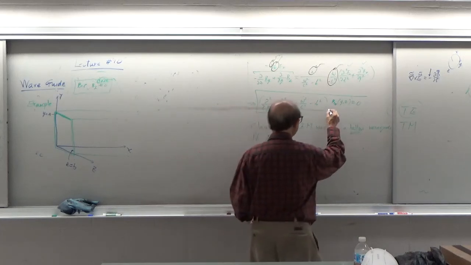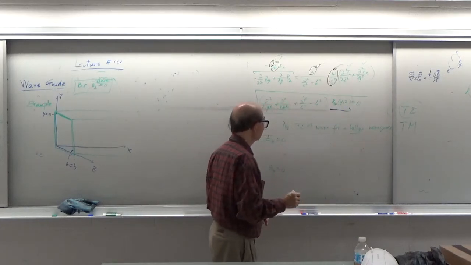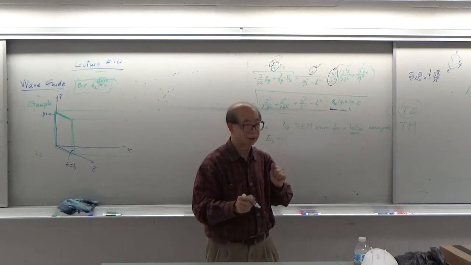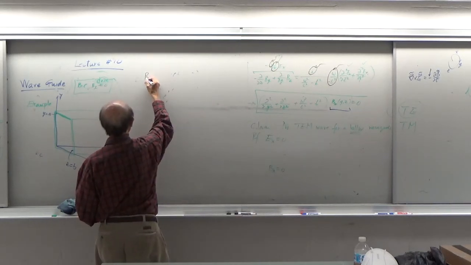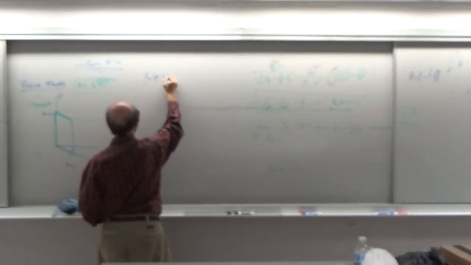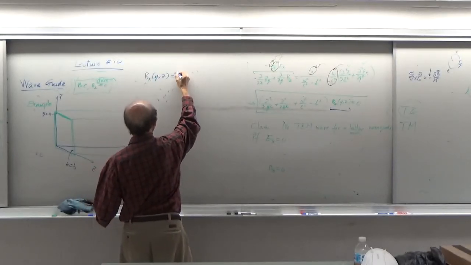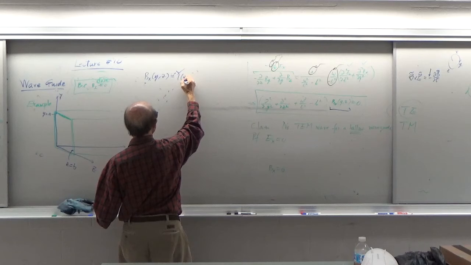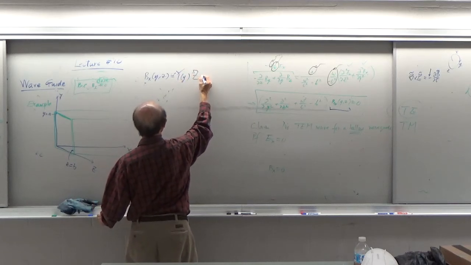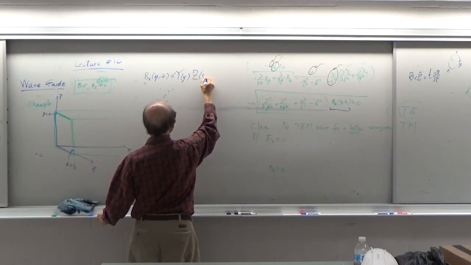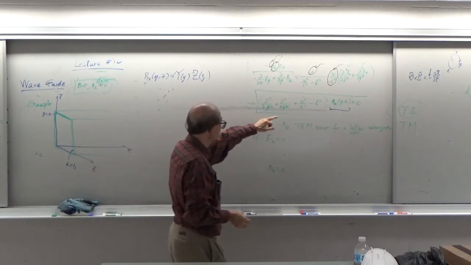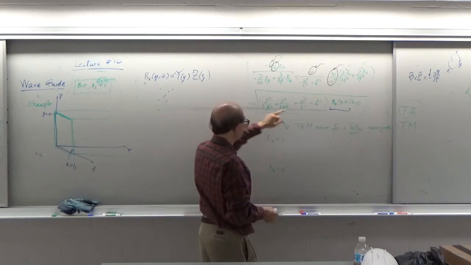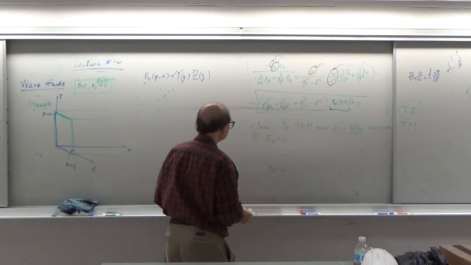So let me write Bx, the x component of B as a function of y and z, as a product of two functions. So Bx of y and z, let me write it as Y, function of the coordinate y, times Z, function of the coordinate z. And let's substitute this YZ into this equation.